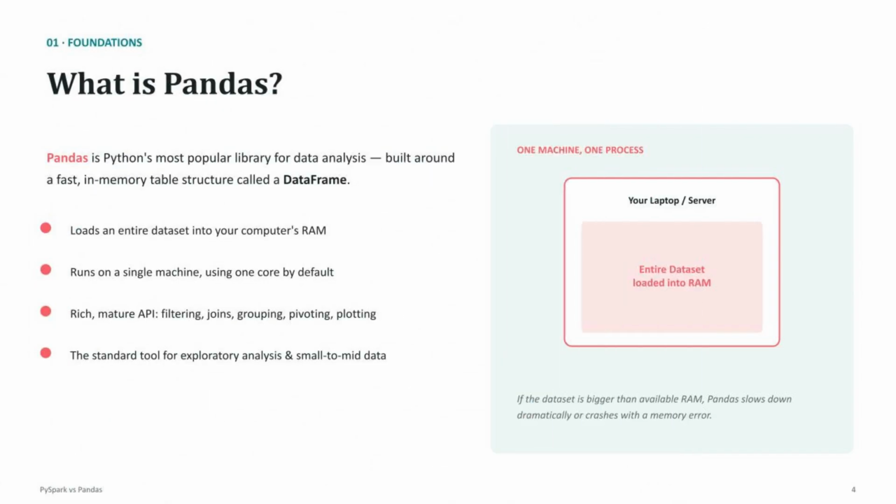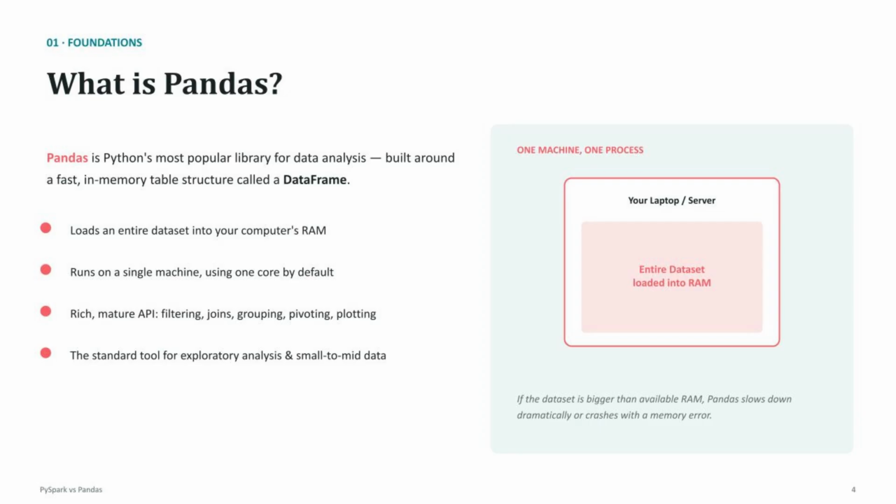Pandas is Python's most popular data analysis library, and it's built around one core structure, the DataFrame, basically a table with rows and columns that lives entirely in your computer's memory. Notice the contrast with the last slide. There's no cluster here. Pandas runs on one machine and by default on a single CPU core.